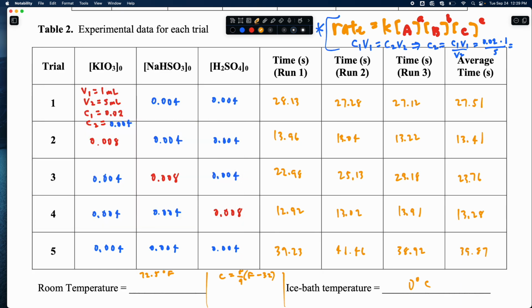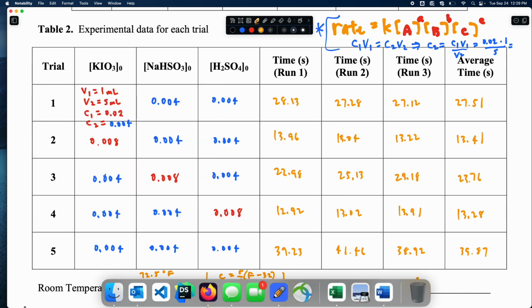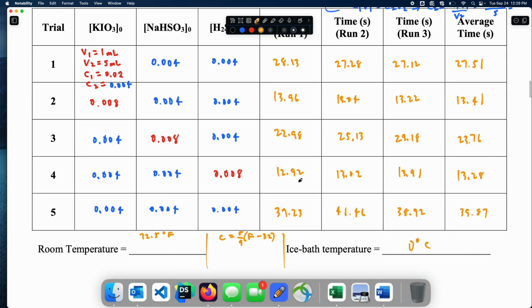That makes sense, that's about room temperature. 22.5 degrees Celsius.